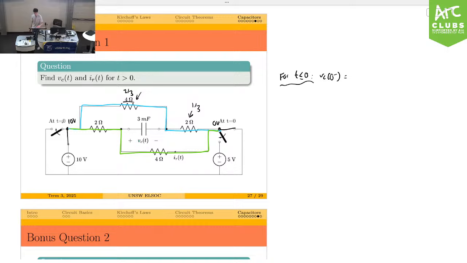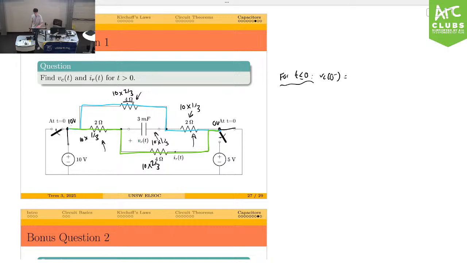Symmetrically, 1/3 of the voltage will go through there, and 2/3 through there. So if I'm going down from 10 to 0, and this is 1/3 and this is 1/3, this has to be 1/3 of the voltage. Sorry, this is all multiplied by 10. Make sense? Hopefully?